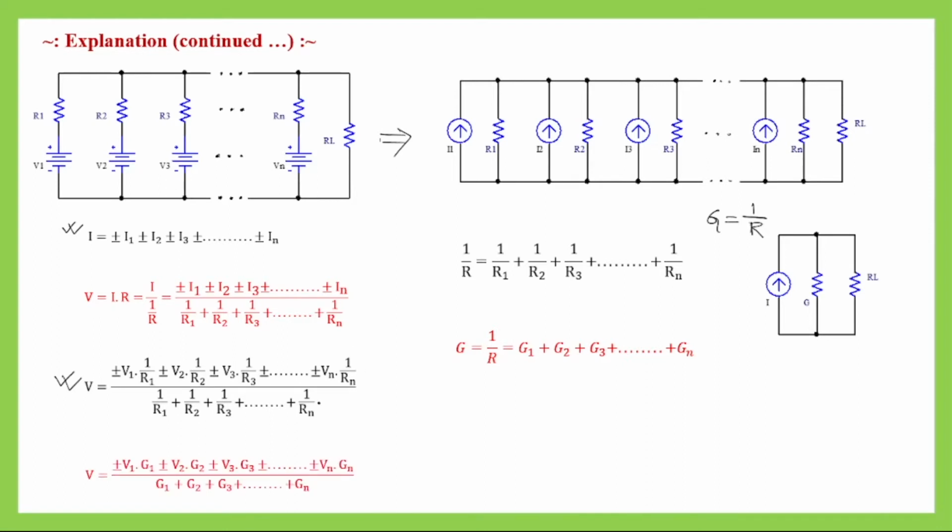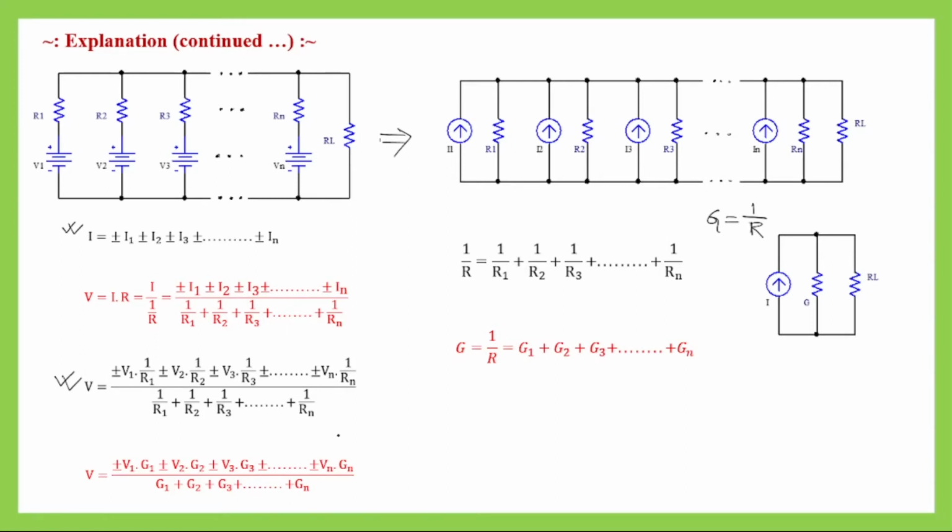Next is to represent the value of that equivalent voltage source in terms of conductance. So V1 to Vn will remain as they were in the previous step, and in place of 1 by R1, or the resistance values, we will replace them by their corresponding conductance values. The conductance, as I said, is 1 by R1, so in place of 1 by R1 we simply write G1, and in place of 1 by R2 we write G2, and so on.